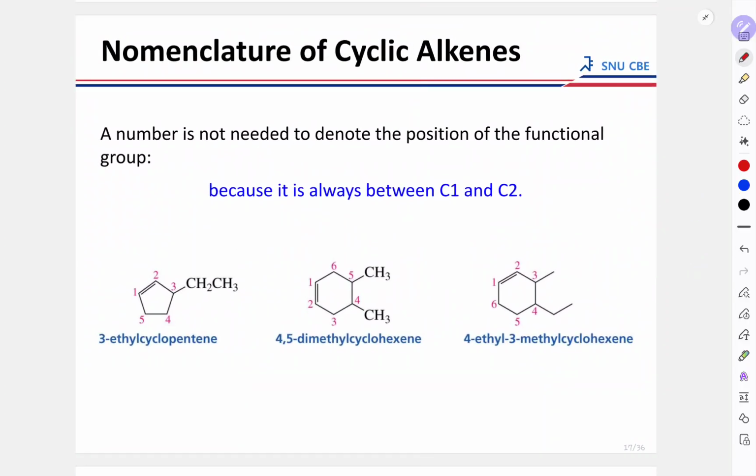The number is not needed to denote the position of the functional group in the cyclic alkene. You can think about this cyclic structure: the alkene has to be located in all cases between C1 and C2. That's why you don't need to call out the position of the double bond in this particular case when you deal with a cyclic alkene.